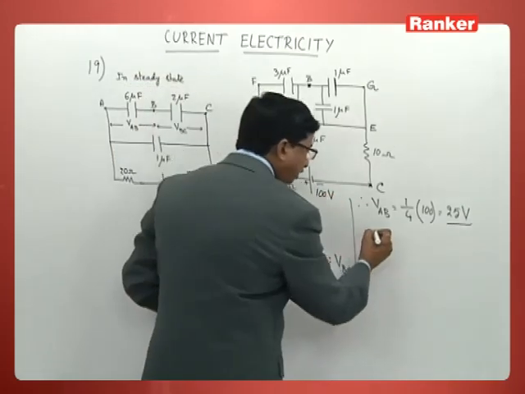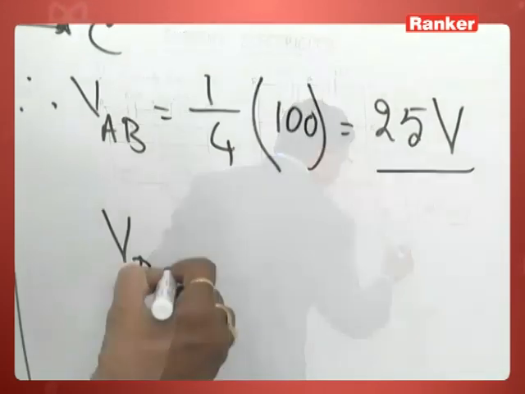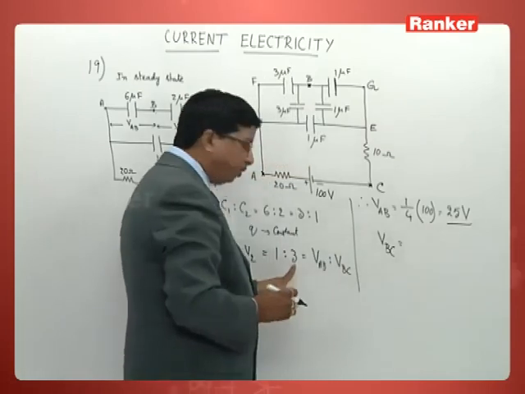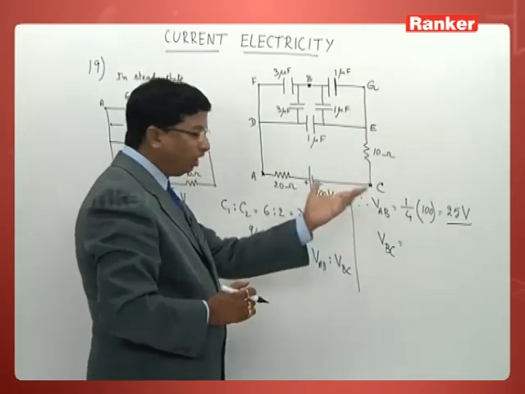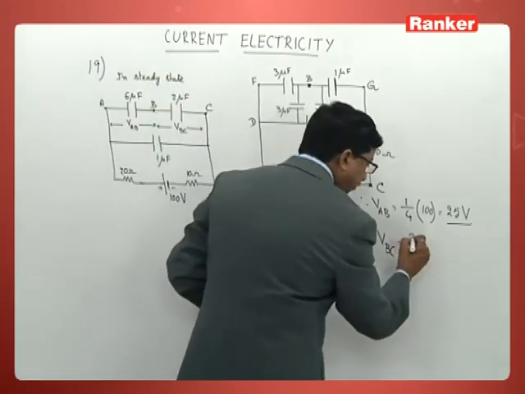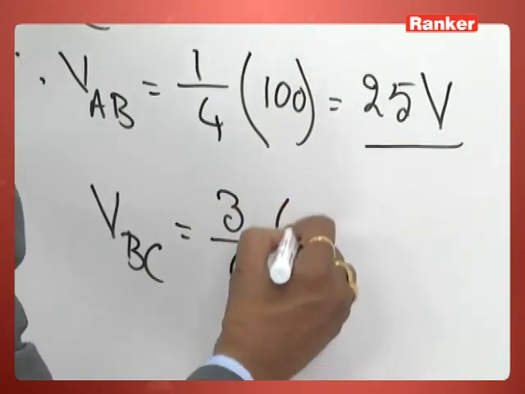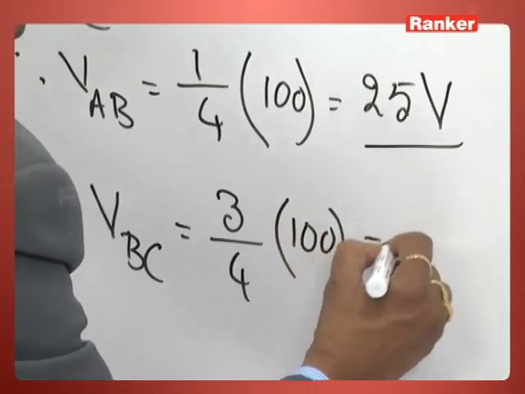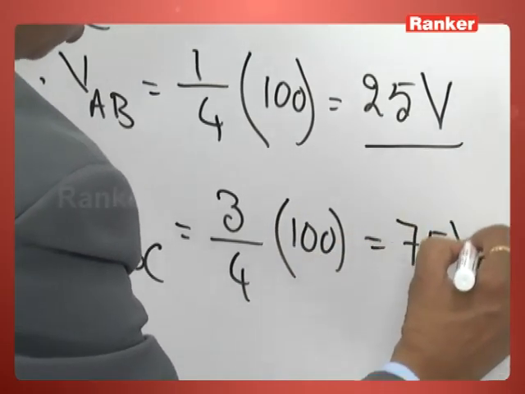Exactly like that, I just want VBC. 3 parts out of 4 parts I have to go for. 3 out of 4 means what? 3/4 of what? The applied voltage. This now becomes 75 volt for us.